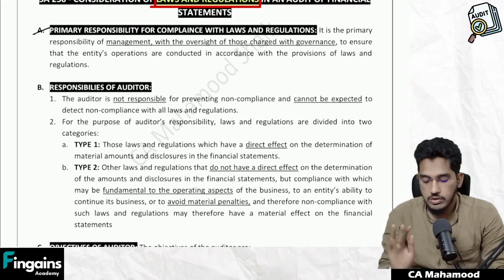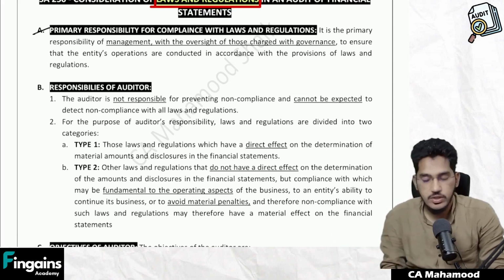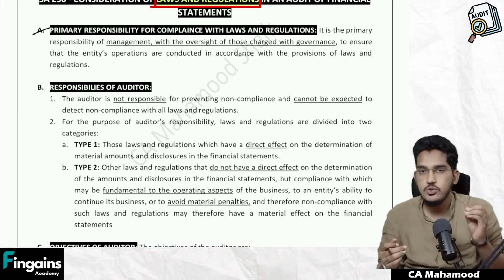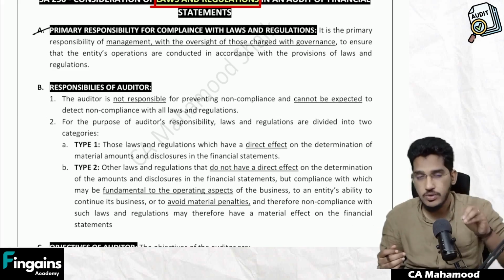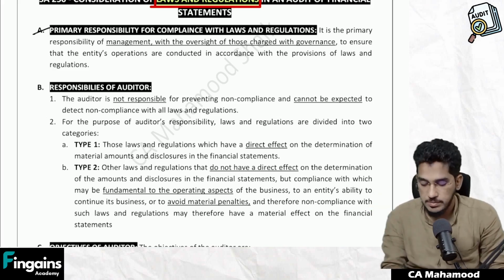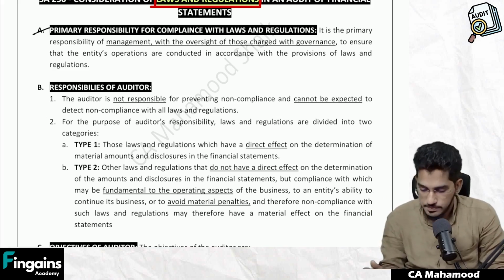First point, they talk about primary responsibility for compliance with laws and regulations. As we have already explained while explaining the concept, whose primary responsibility is it to ensure the compliances, that is, to prevent a non-compliance and also to detect a non-compliance? That primary responsibility always rests with management and those charged with governance. So that's what they mention here.